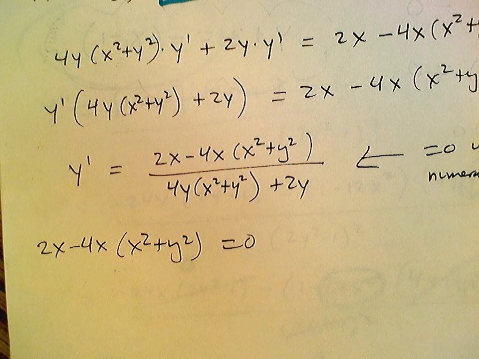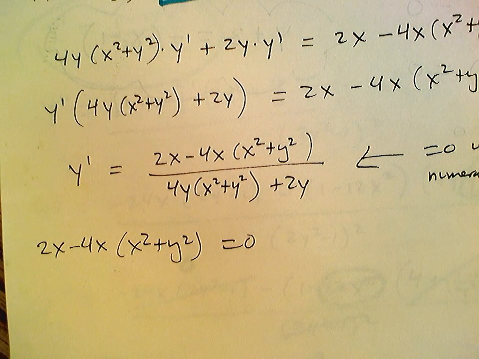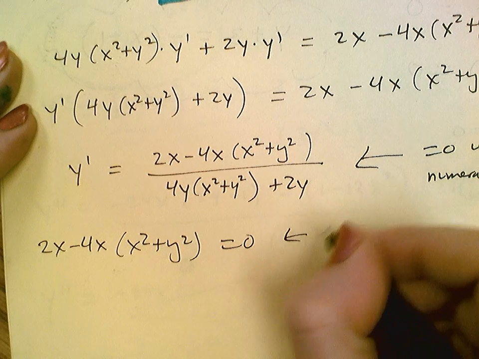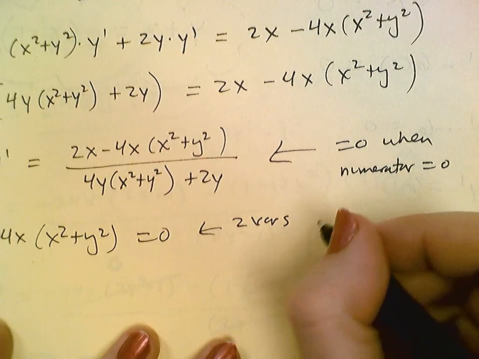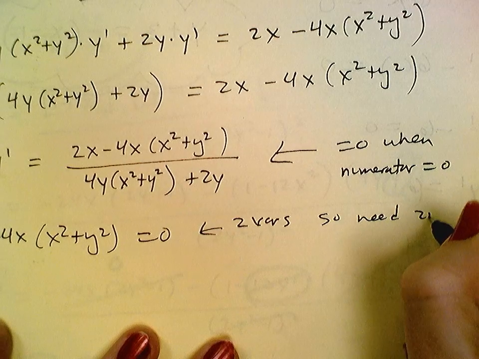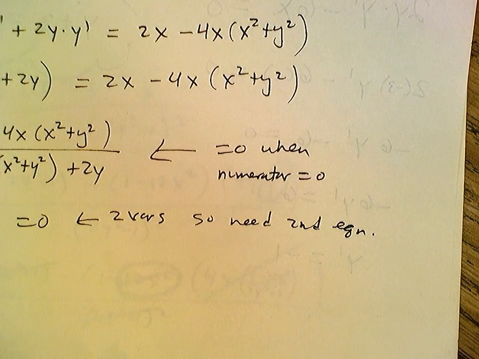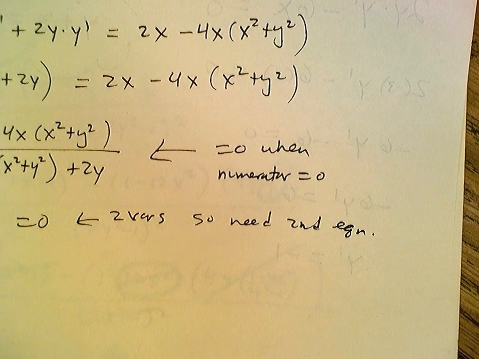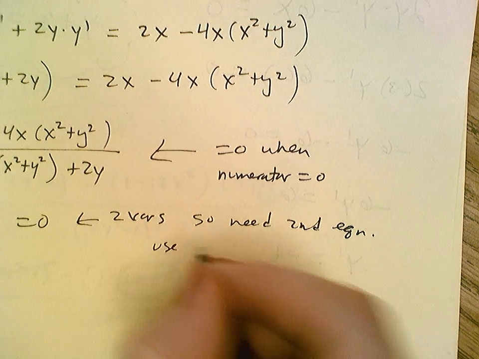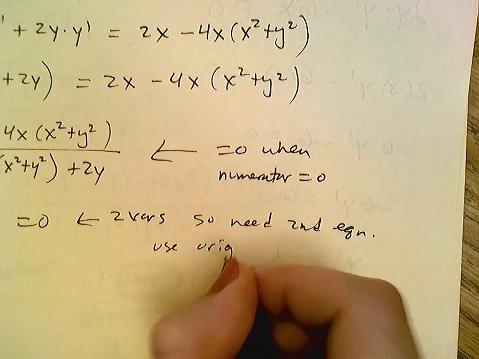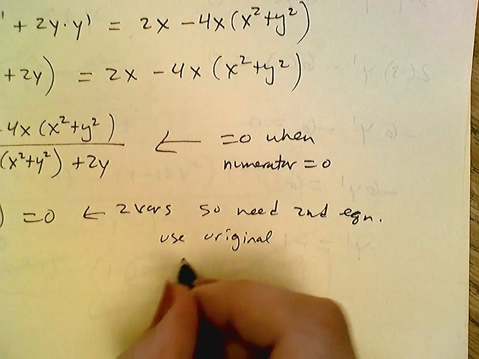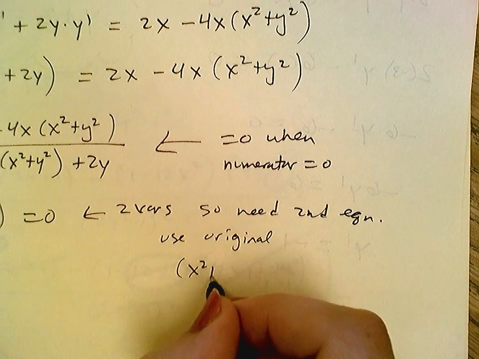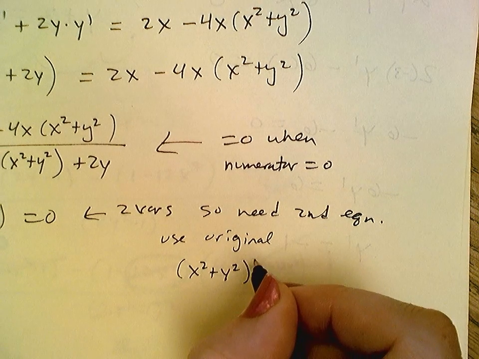Alrighty, now here is the problem. Two variables. So we need a second equation. If you have two variables, you need two equations. And guys, at this point, you can use the original lemniscate equation, I've never even heard of that before.